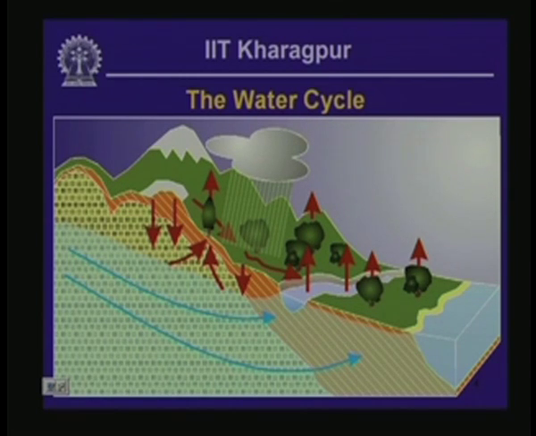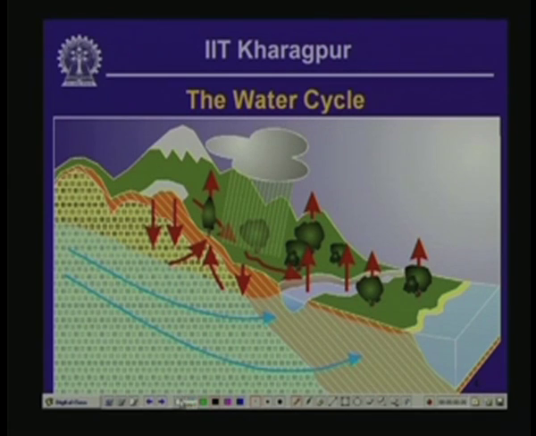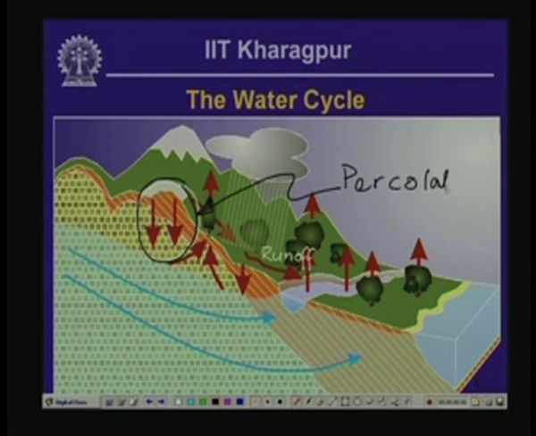and another portion of the water that precipitates on the surface is going to flow downslope in the form of runoff. So, this one here is the percolation that we just now talked about, infiltration and percolation.